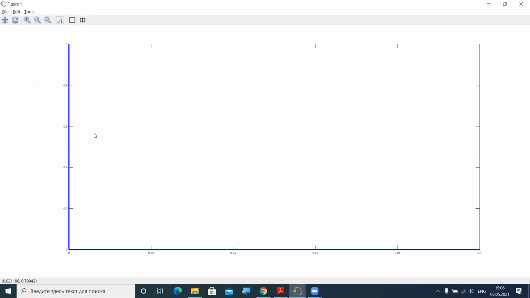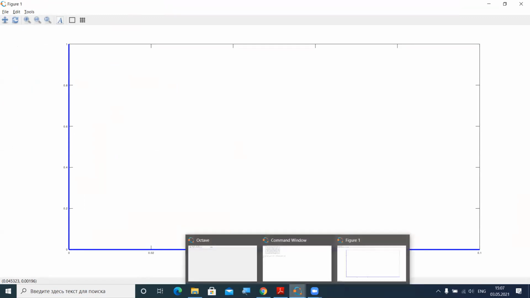You can see here, this is not a good graph because these x's are very small. Is it clear why plot is not useful for us in this situation?